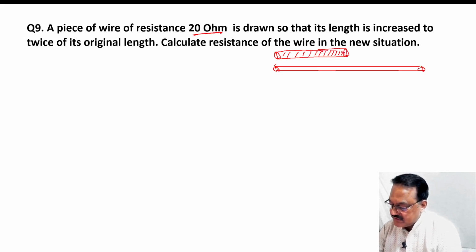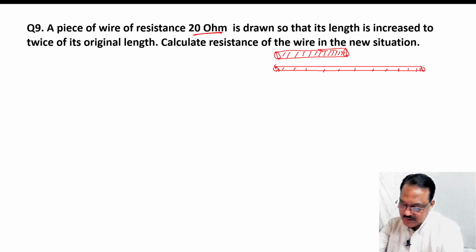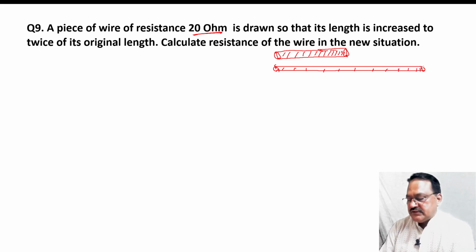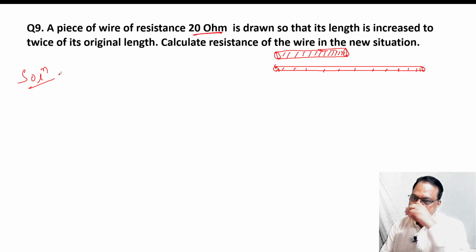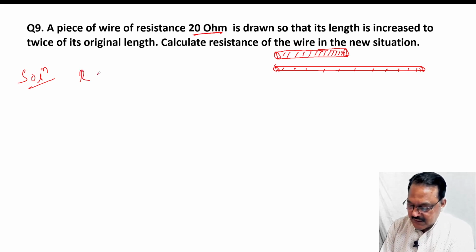Now it will be stretched into this bigger form like this. Now what is the value given here? Just write it down. First, what is the value given here? R. R is 20 ohm.